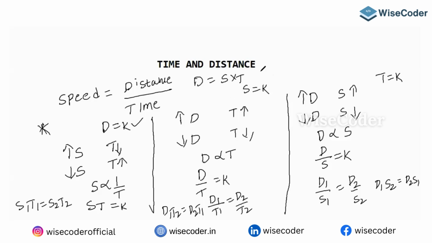This is direct variation, this is inverse variation, and this is also direct variation. The three terms are there, and each time one variable is constant, then we see how the things come into the picture.